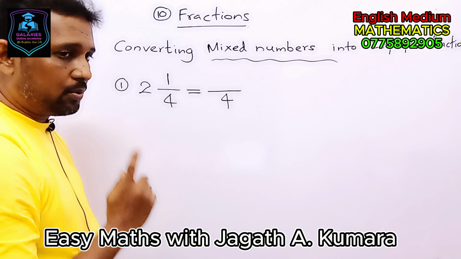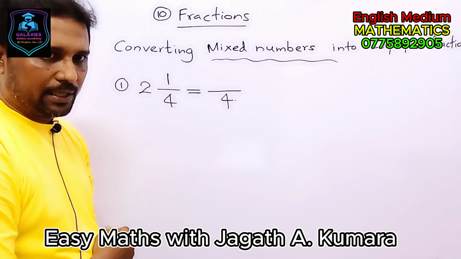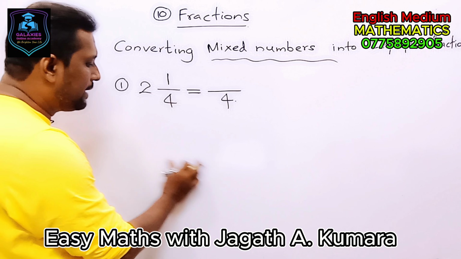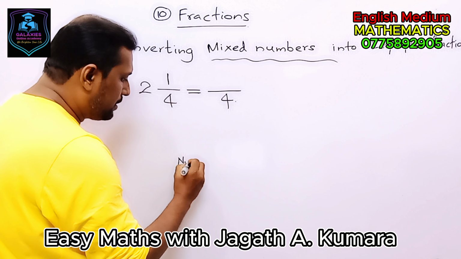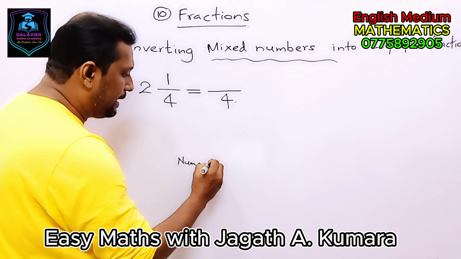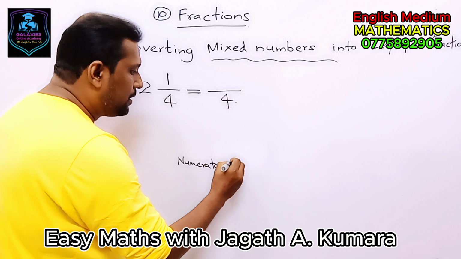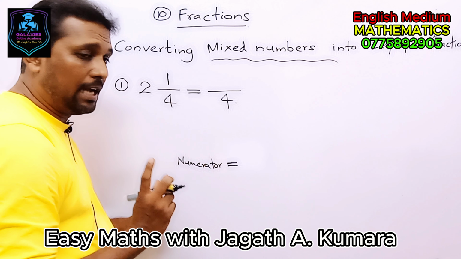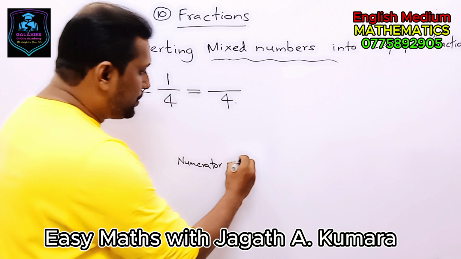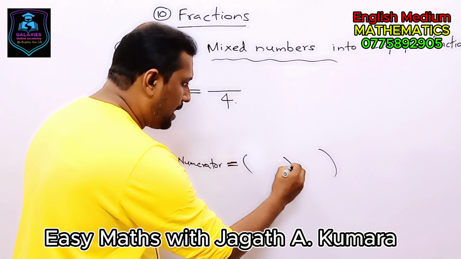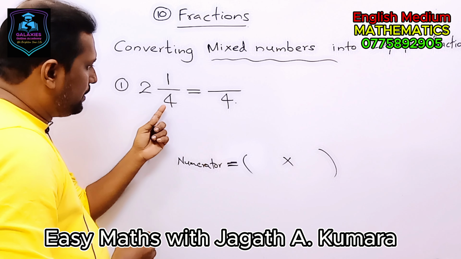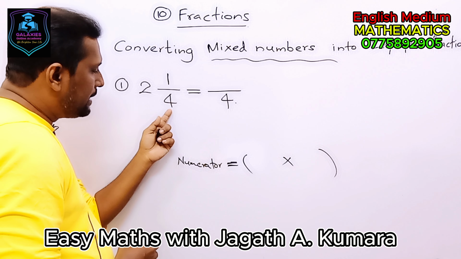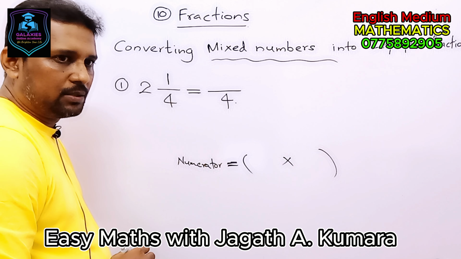Then you have to get the numerator, no? Right. Now look at how you can get the numerator. This is the numerator getting method of the improper fraction. Carefully look at, okay. First you have to multiply denominator and whole number.